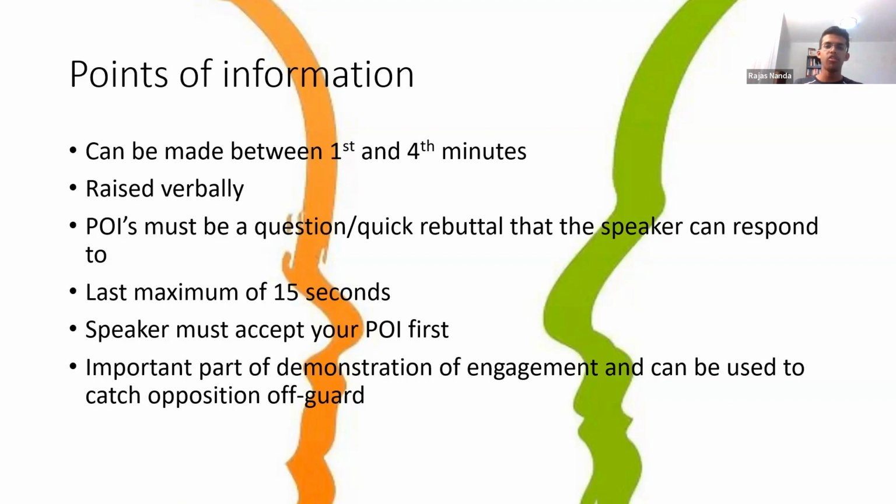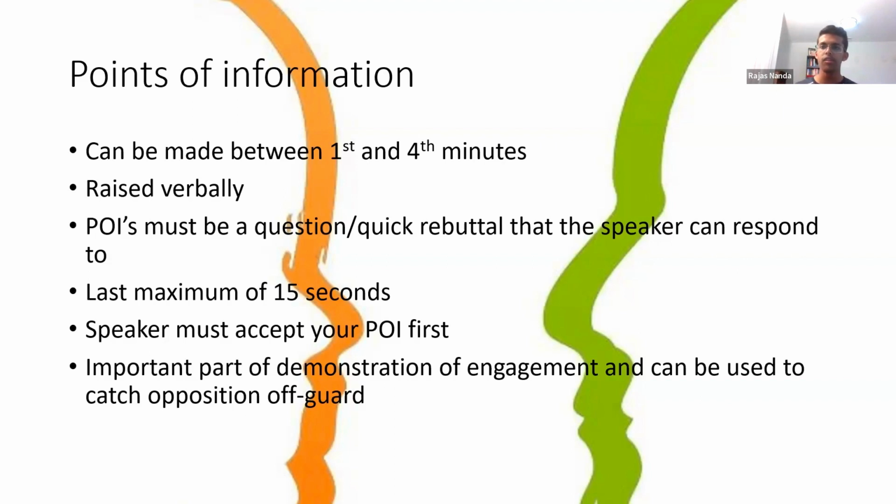The last thing: the first thing I didn't mention is POIs can only be given and taken between minutes 1 and 4. What that means is that in the first minute of someone's speech, there are no POIs, and in the last minute, from minute 4 to 5, there are no POIs. So there's a span of 3 minutes where POIs are allowed.